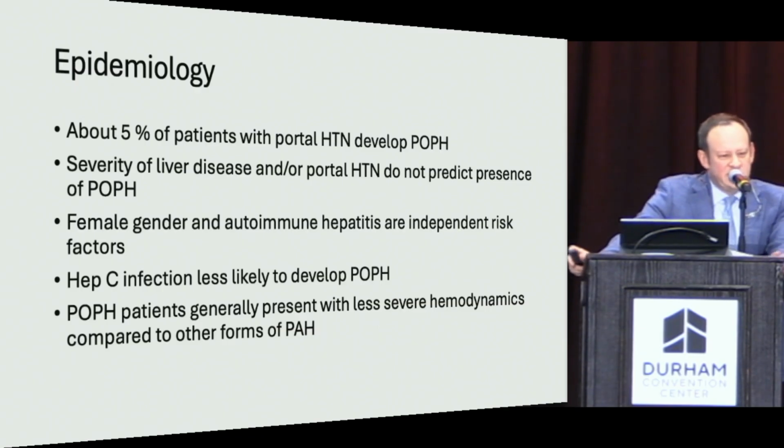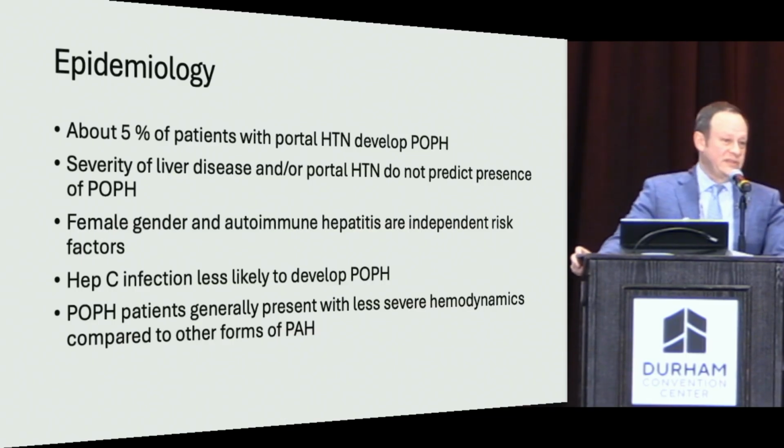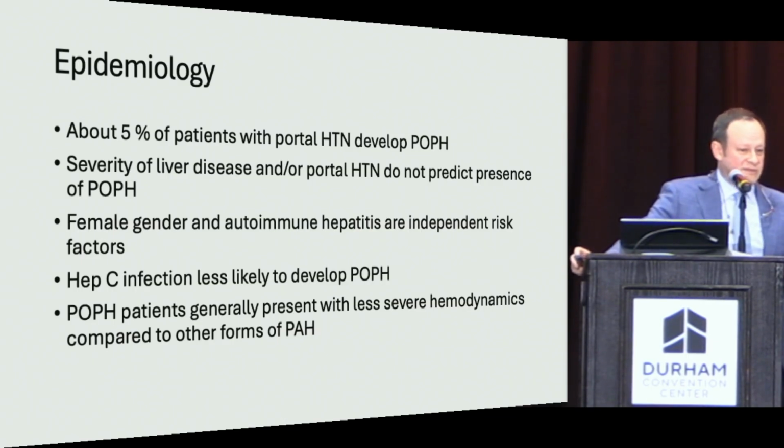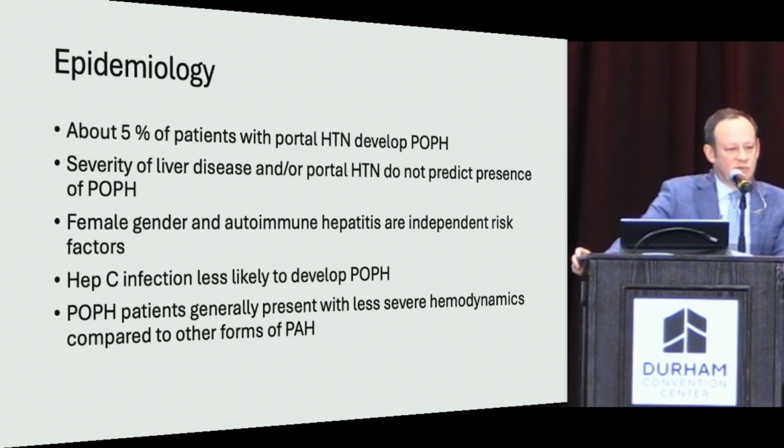So we know that roughly 5% of patients with portal hypertension will develop portopulmonary hypertension, and that the severity of liver disease and or the portal hypertension for that matter does not necessarily predict the presence or risk of the development of portopulmonary hypertension. Female gender and autoimmune hepatitis have been identified as independent risk factors for the development of portopulmonary hypertension.